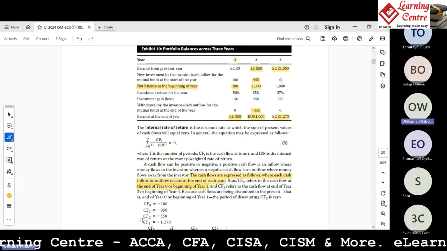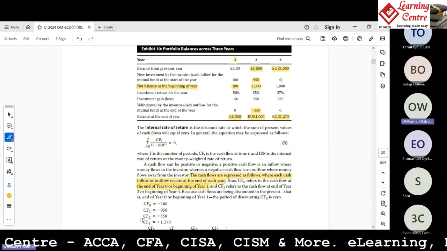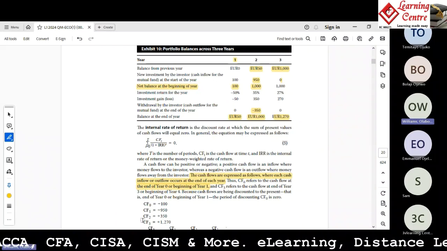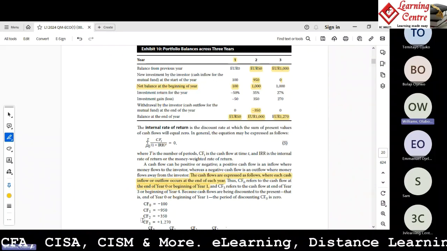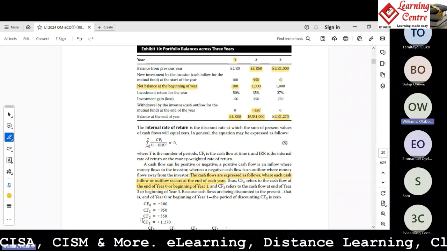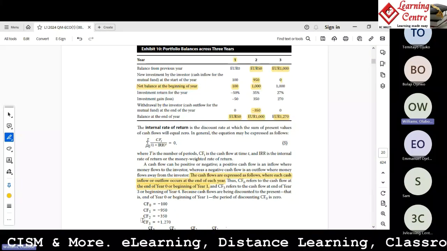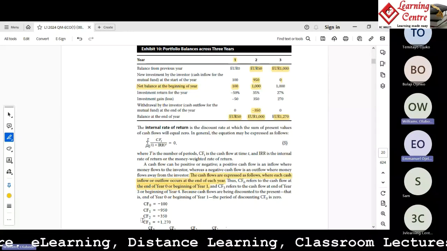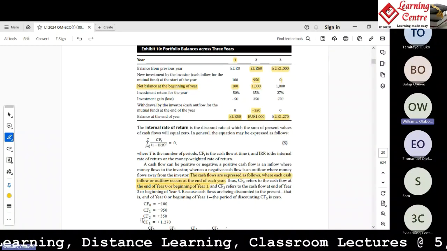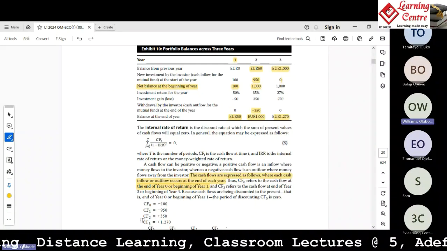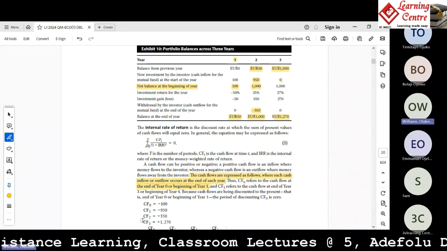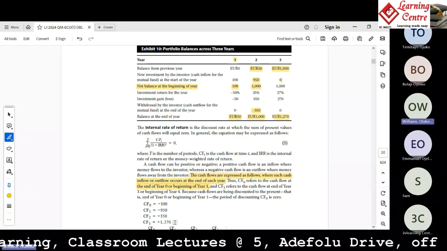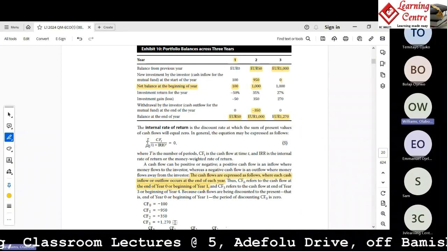Now, the withdrawal happened at the end of year 2, so it is seen as year 2 cash flow. Okay? And then year 3, which is the end of the investment period, the cash flow happened at the end of year 3, right? So it's still seen as CF3, that is cash flow at year 3.